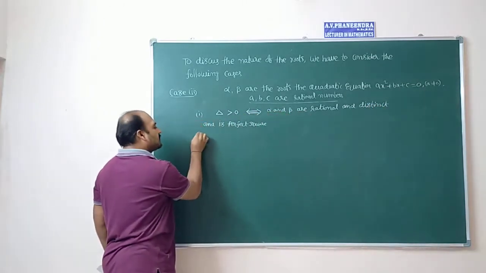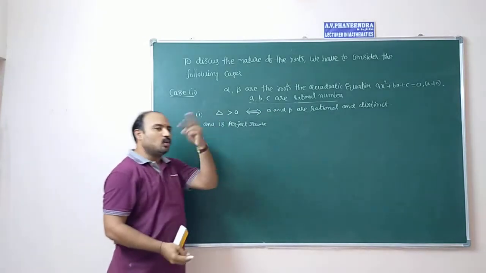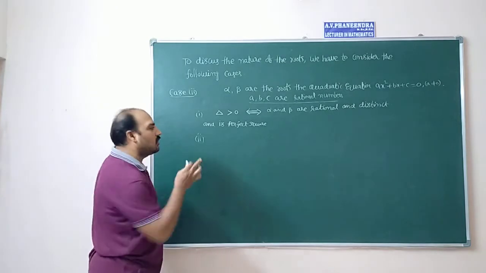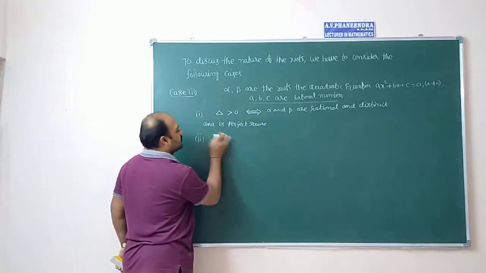Come to the second case, delta greater than 0. Two cases are there here. That means compared with the previous case, we are going to get one more extra term, extra step.